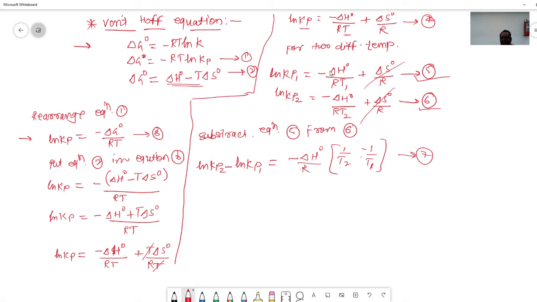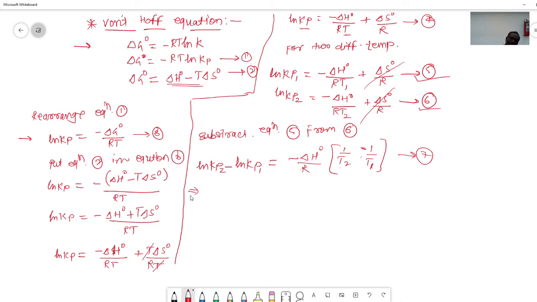Therefore minus multiplied by minus comes out to be plus. Therefore we will get this form of the equation.